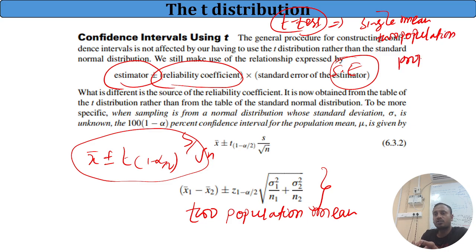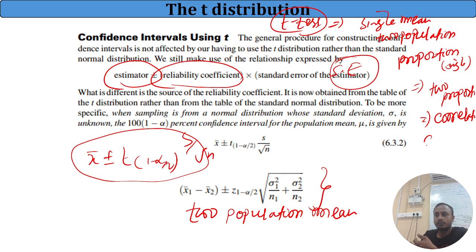Then we'll see the proportion also, that's also single, and then the two proportions. After that we'll see the correlation coefficient also. So I think that's all for today.